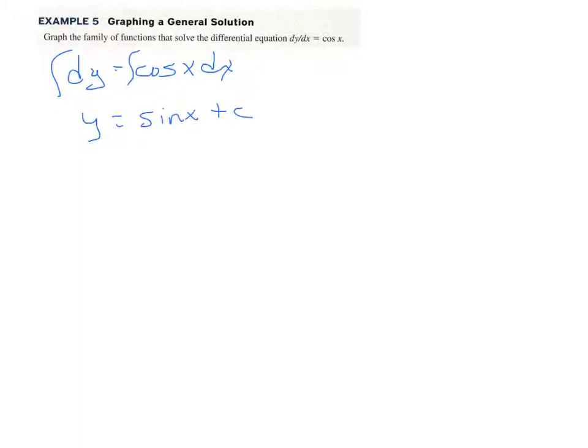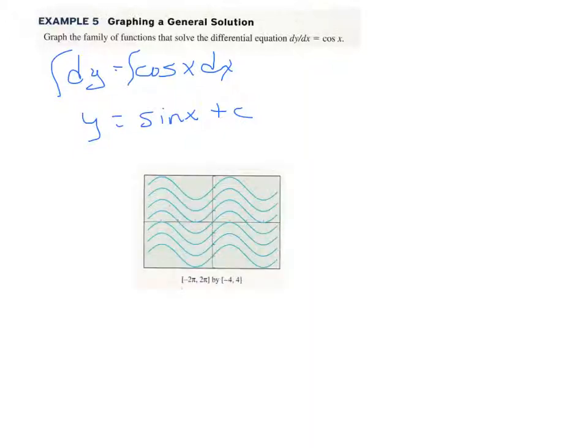So there's our family of functions. As we've talked about before, these are simply translations, depending on what c is, translations up or down, vertical translations. And so in general, a quick picture of what that's going to look like is something like that.